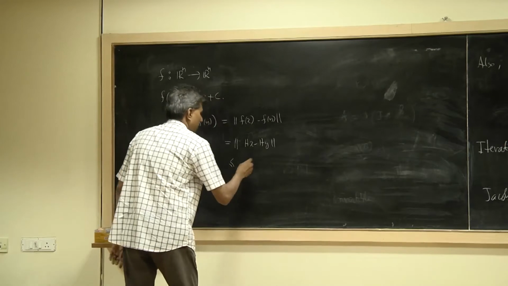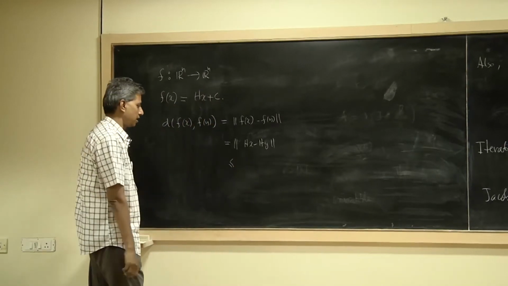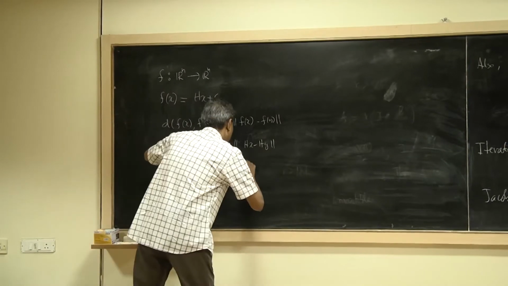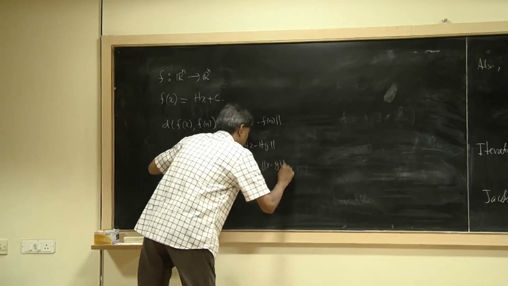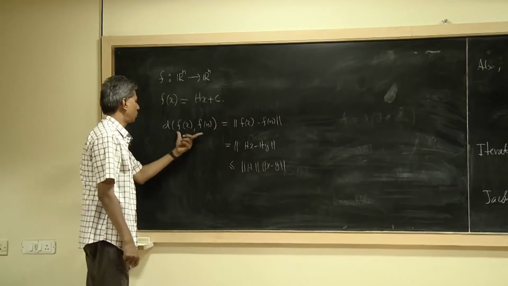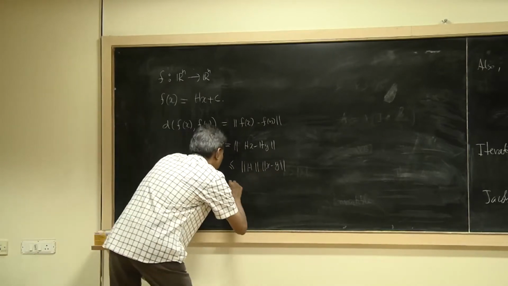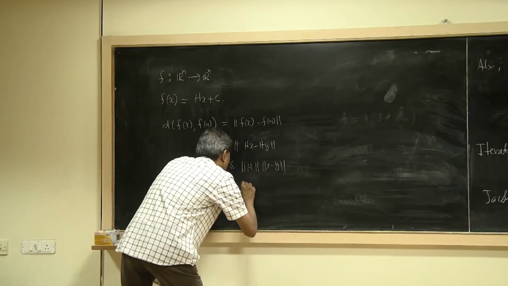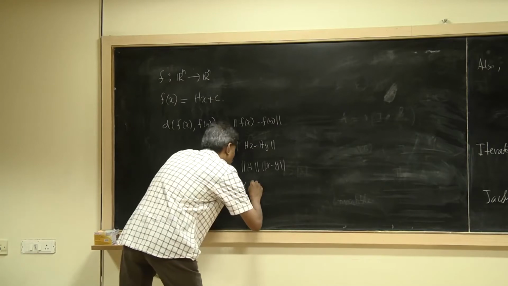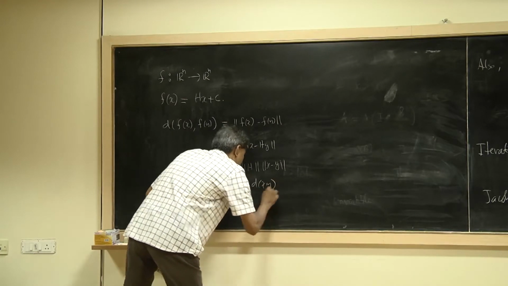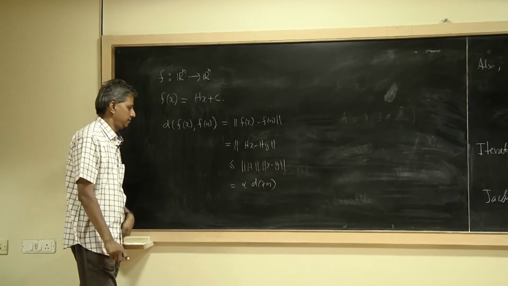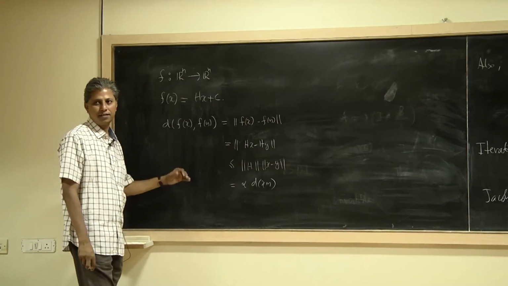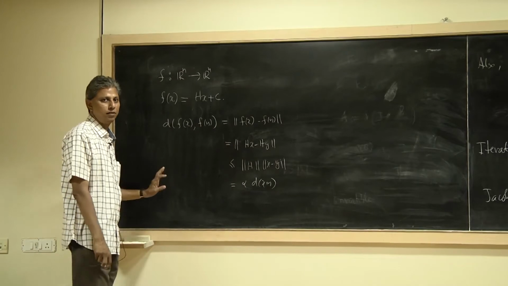So this satisfies the condition, that this is less than or equal to norm H into norm of x minus y. Just as I wrote, I'll call this alpha into d of x, y. Here the understanding is that I am working with the same norm on Rn.